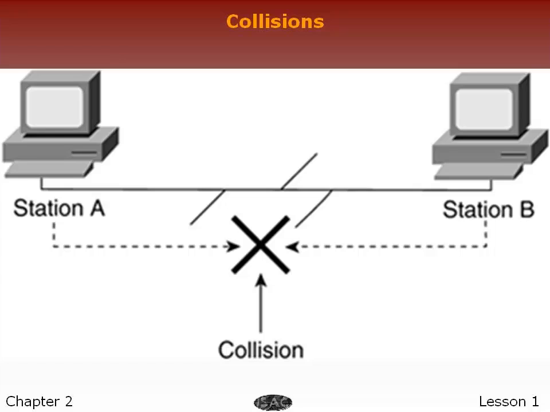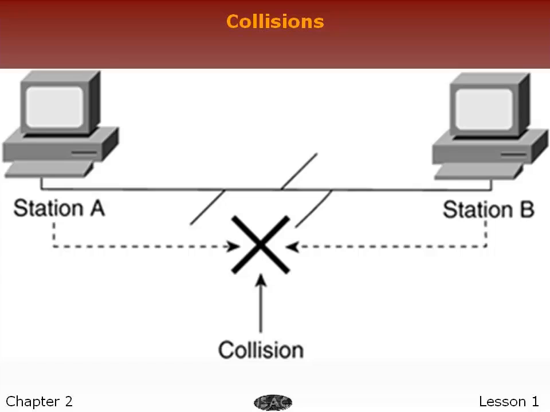Each station waits a random amount of time before sending again. The time after the collision is divided into time slots. Station A and Station B each pick a random slot for attempting a retransmission.